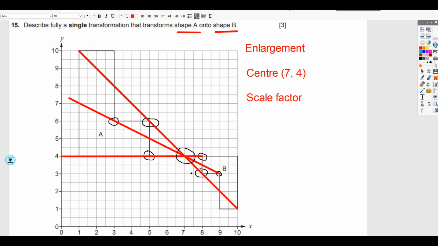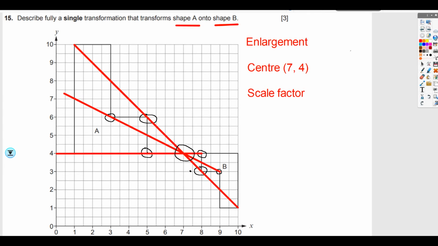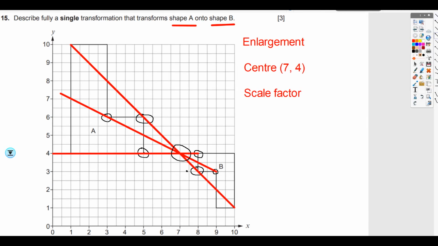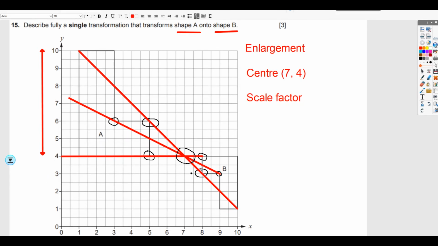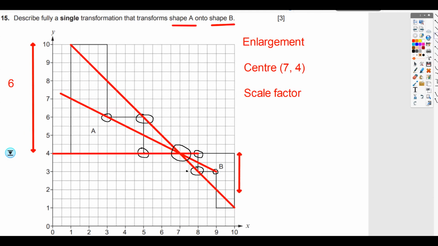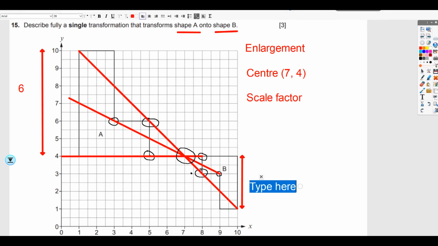The scale factor is really easy. We need to look at the lengths of the sides of shape A. If I look at shape A, the longest side, from the coordinates 1, 4 to 1, 10, I can see that is 6 units. But on B, the longest side, again looking at the corresponding sides, is only 3 units, from 1 to 4.